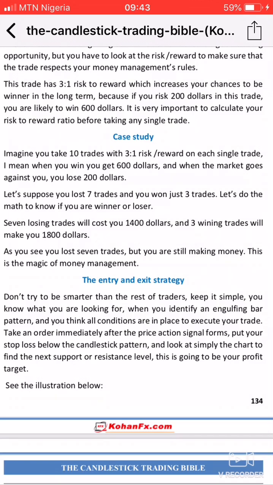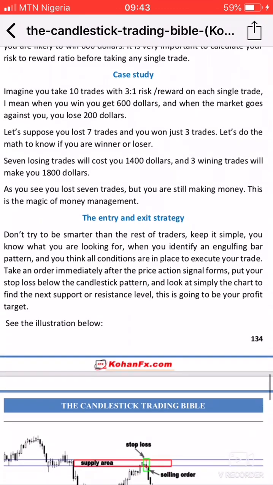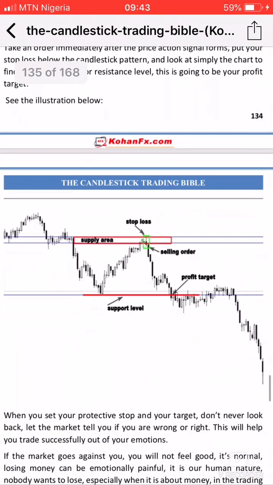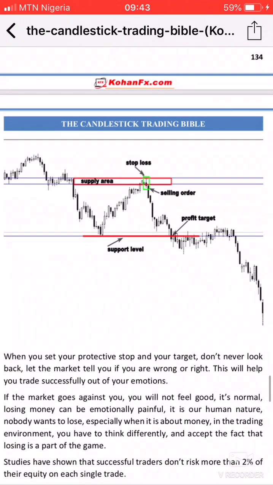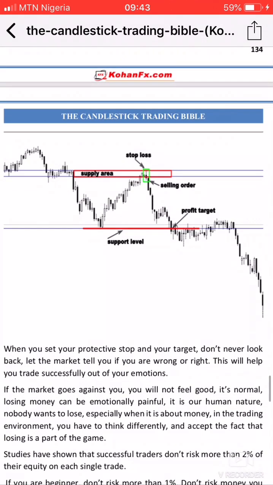Put your stop loss below the candlestick pattern and look simply at the chart to find the next support or resistance level. This is going to be your profit target. See the illustration below. When you set your protective stop and your target, don't ever look back.